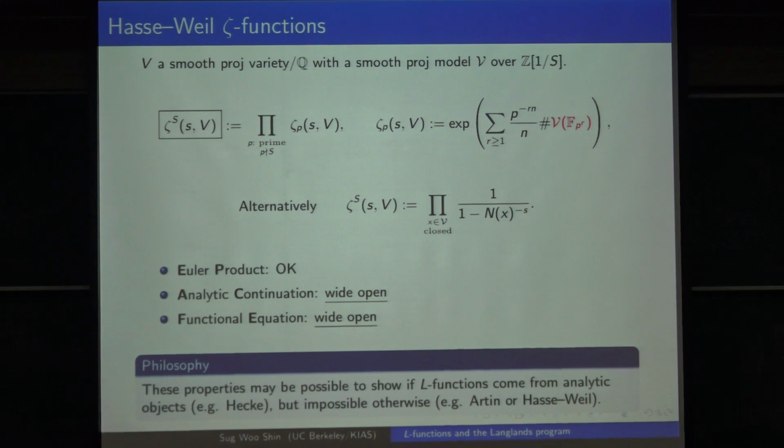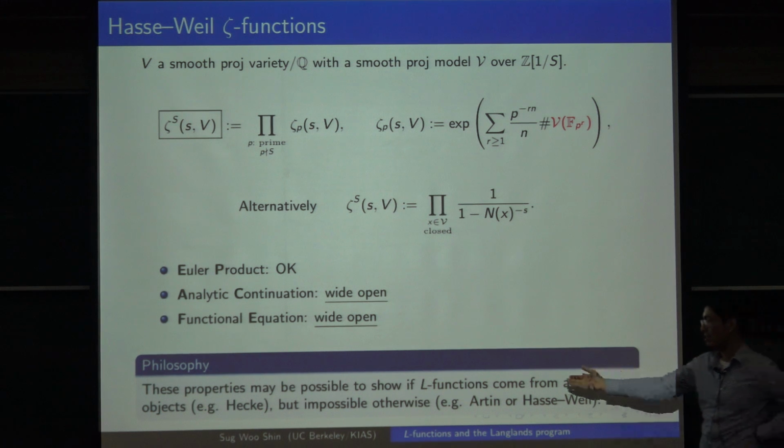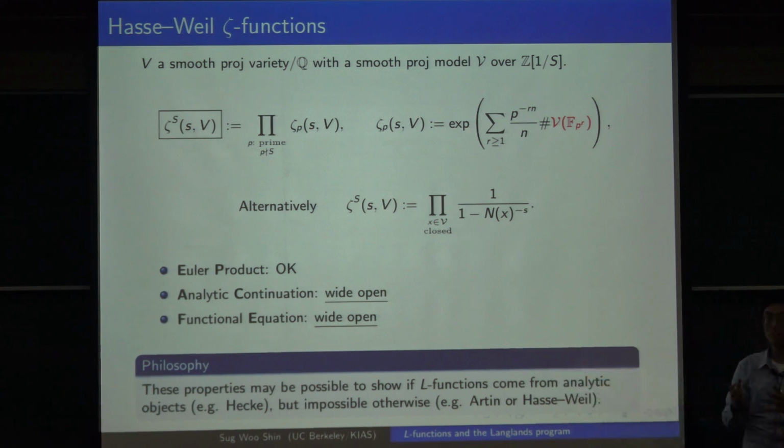It's not easy, but compared to the other cases, it's easier. That's the case for Hecke L-functions, but otherwise they're almost impossible. In the case of Artin and Hasse-Weil, we know very little. And if you have already forgotten everything else, that's just fine. Just remember that there is this kind of philosophy.